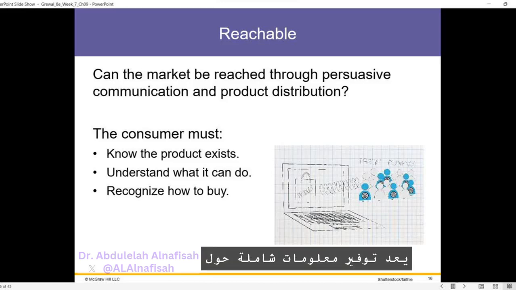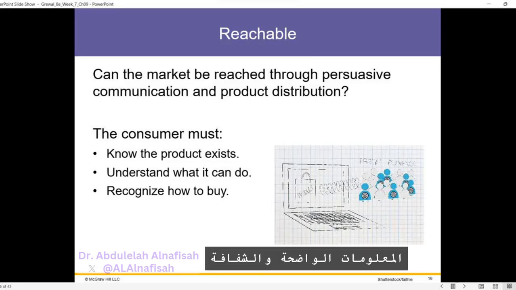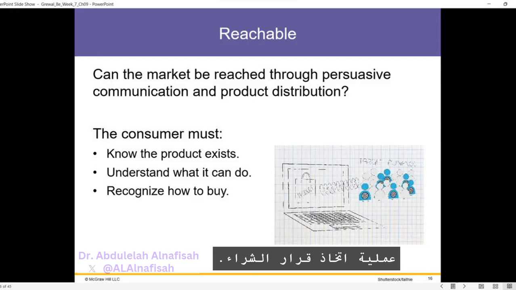Providing comprehensive information about the product or service is also vital for reachability. Potential customers need to understand what the product does, how it can benefit them, and where and how they can make a purchase. Clear and transparent information helps to build trust and confidence in the product, facilitating the purchase decision-making process.